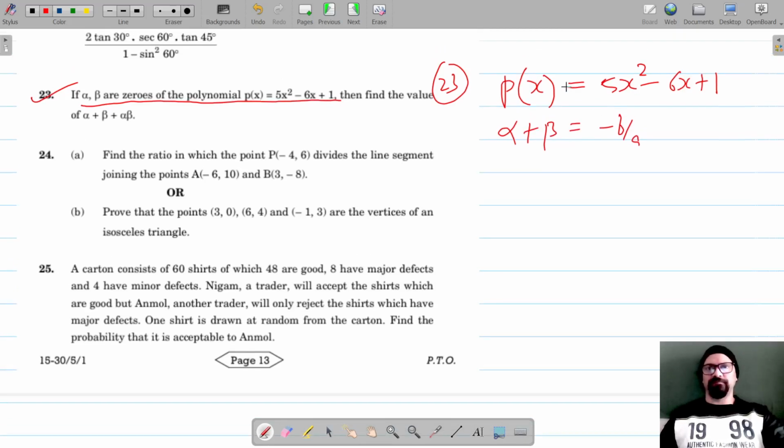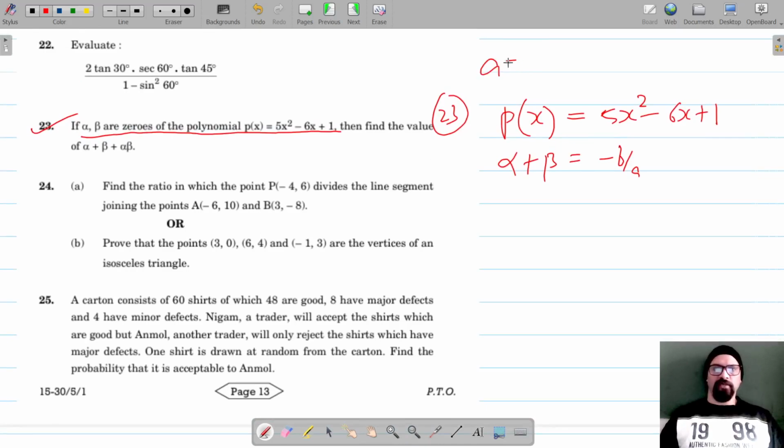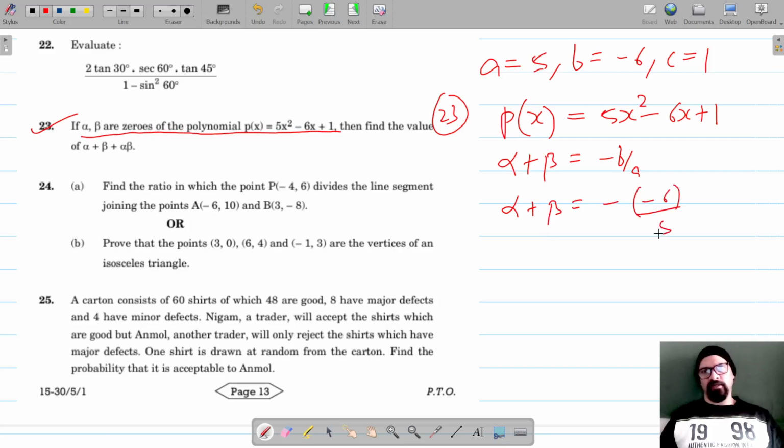For this quadratic polynomial, a is the coefficient of x squared, which is 5, b is the coefficient of x, which is negative 6, and c is equal to 1. So alpha plus beta is equal to negative of negative 6 by 5, so this is equal to 6 by 5. And alpha beta is equal to c by a, so c is 1 and a is 5.